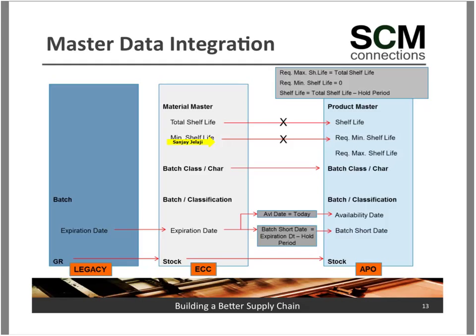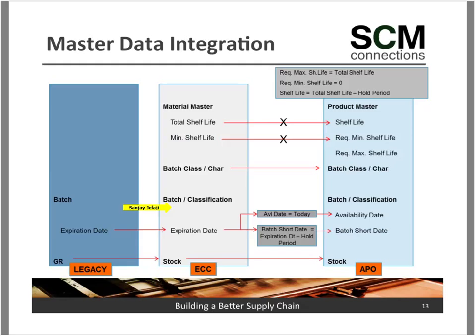It does get confusing, but keep in mind that you need the class and the characteristic as master data to come over, and then you need the specific batch and the associated classification to come over as well, right? And when I'm talking about that over here, I'm talking about the specific inventory and the batch associated with that inventory, bringing that over.